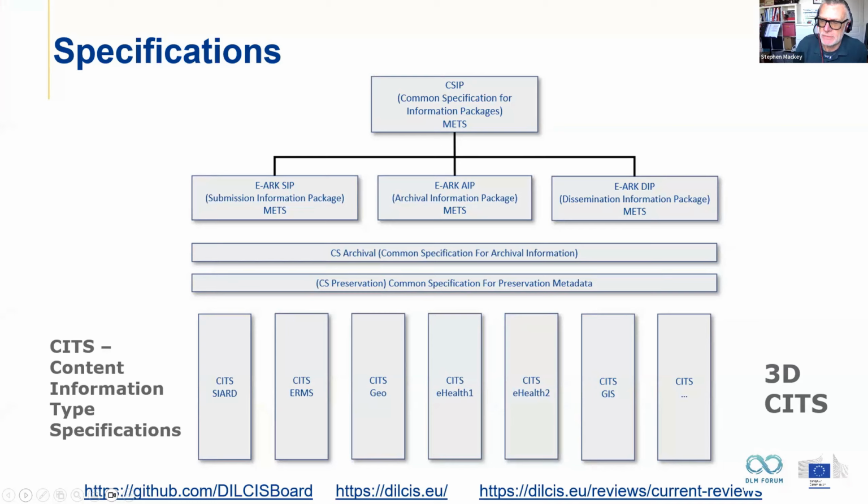And the eArchiving specifications fill that gap, providing very detailed specifications for the structure of the packages and for the accompanying metadata. And in order to do that, we provide a common specification, which has got the common requirements for all kinds of packages. But we also provide some texture in terms of the special requirements for, say, a submission package or an archival package or a dissemination package.